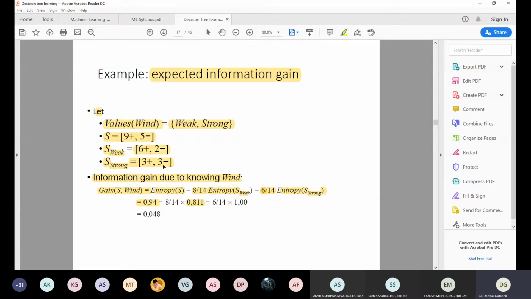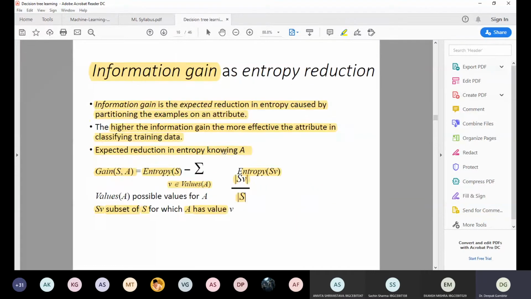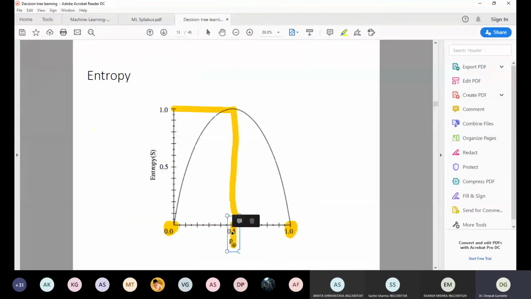Similarly, for the strong set with 3 positive and 3 negative, the entropy comes out to be 1, because both the positive and negative examples are the same. So the probability of occurrence of any example is half, and we have already seen that if the probability is half, then the entropy is going to be 1.